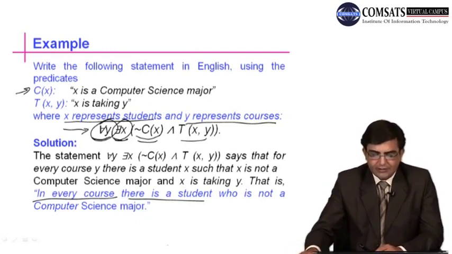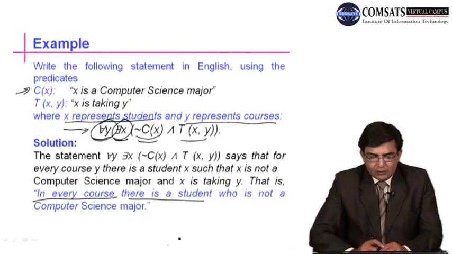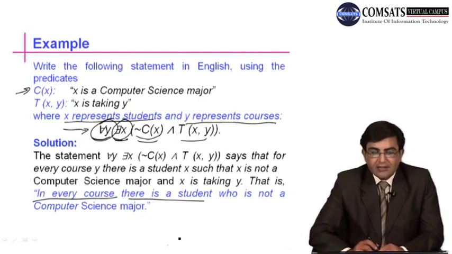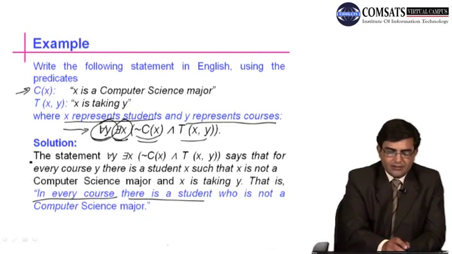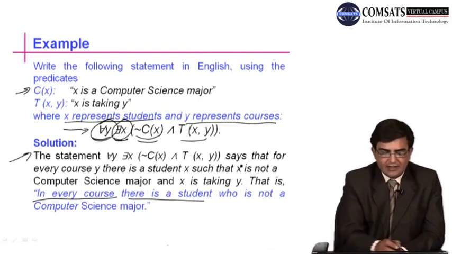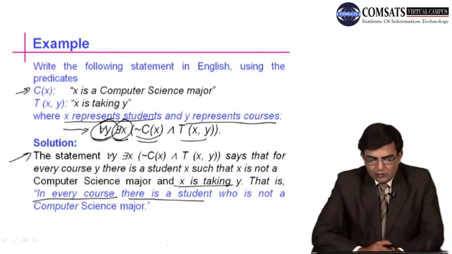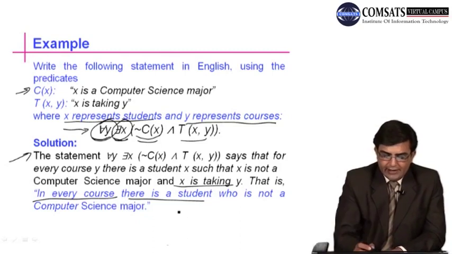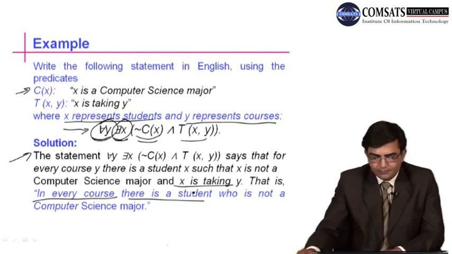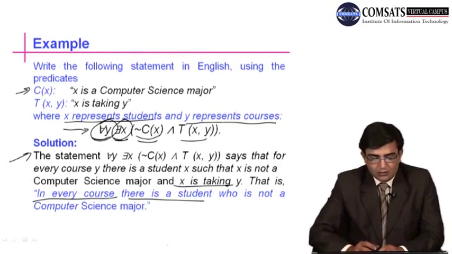So this is understood, and we can write it in a formal way like this. The statement says that for every course y there is a student x such that x is not a computer science major and x is taking y.